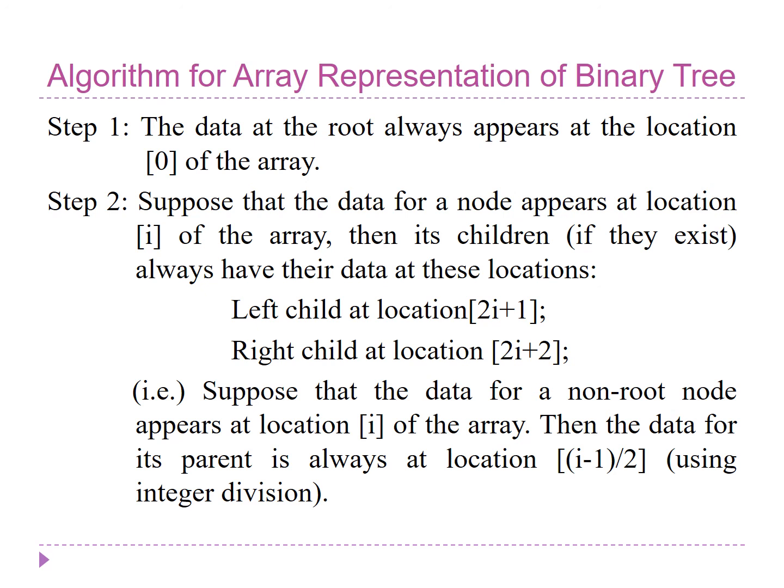That is, suppose that the data for a non-root node appears at location i of the array, then the data for its parent is always at location (i minus 1) by 2. This uses integer division.